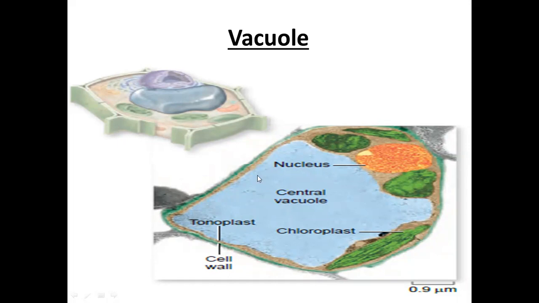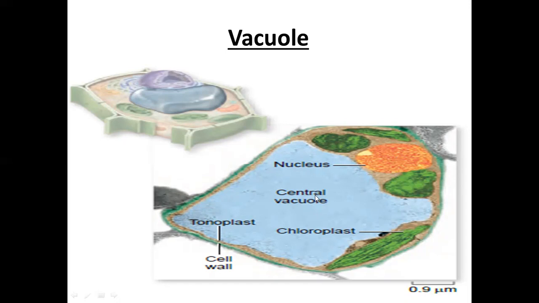The other function is that a central vacuole is also involved in cell growth. How is that? Because it occupies most of the volume of the cell. So plant cells are able to grow by expanding the vacuole rather than increasing the cytoplasm.